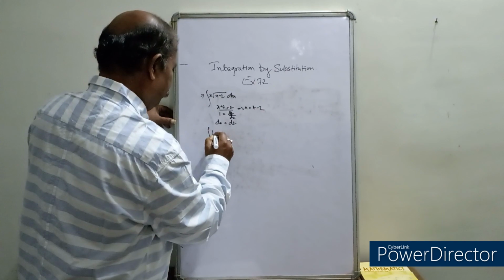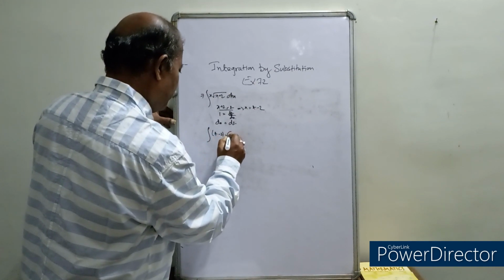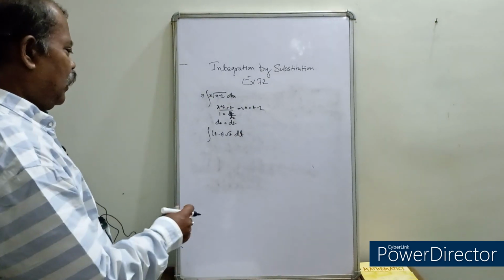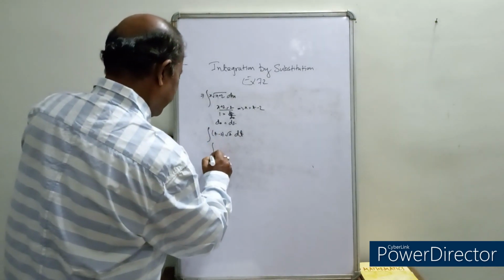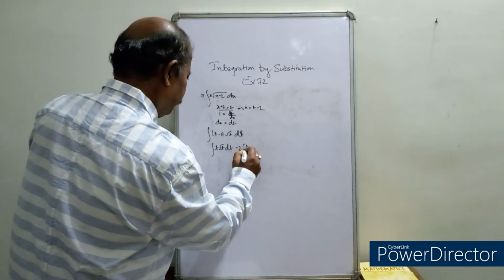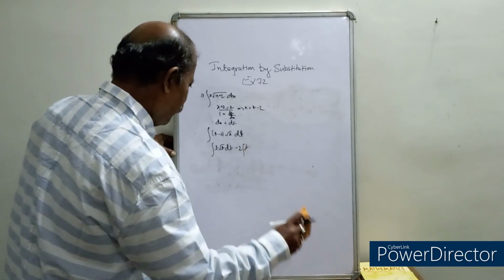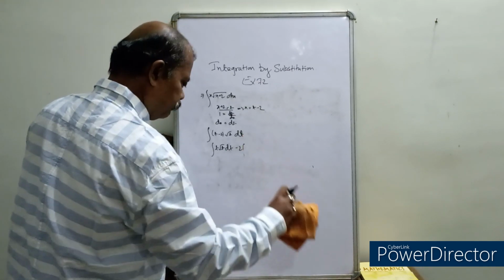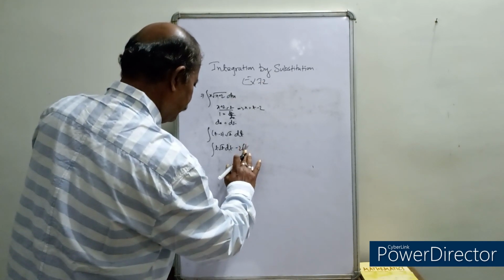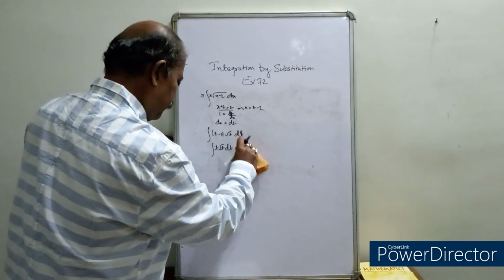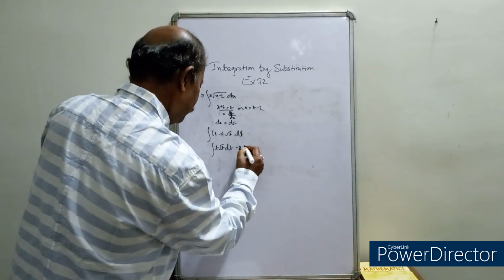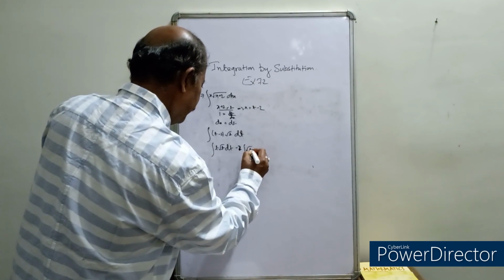So integration of (t minus 2) root t dt. Now I am going to apply the distributive law, that is t root t dt minus 2 root t dt.